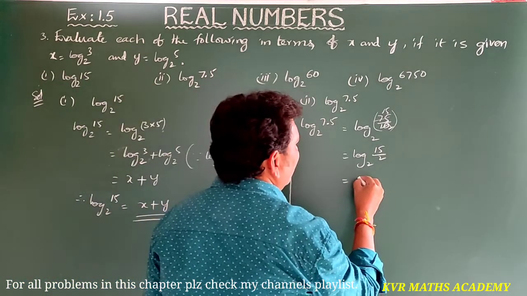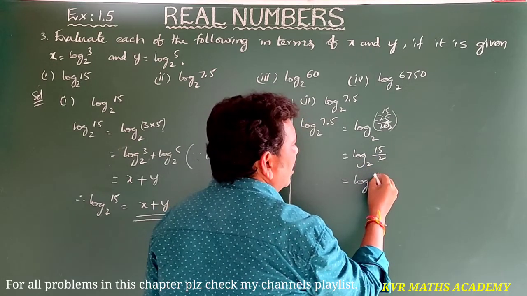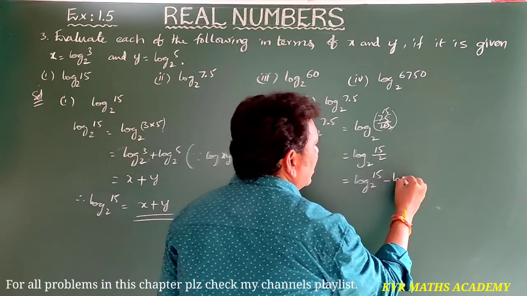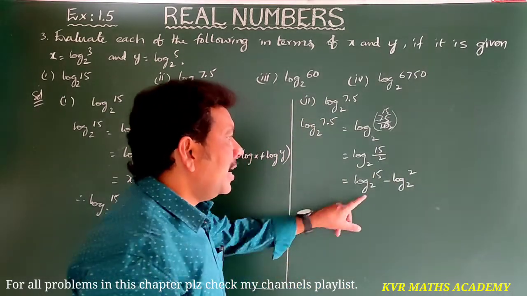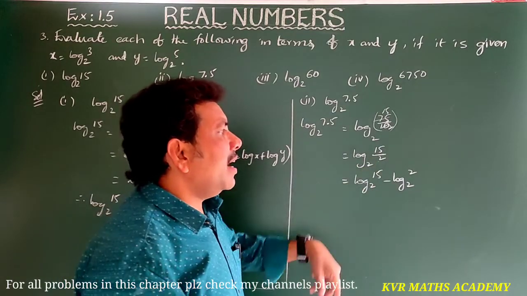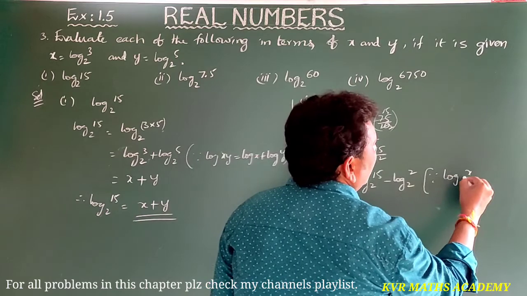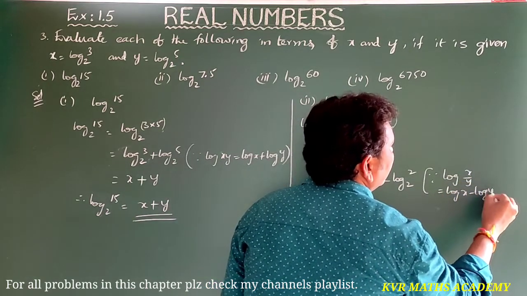So this is equal to log 15 by 2. It can also be written as log 15 to the base 2 minus log 2 to the base 2, since log x by y is equal to log x minus log y.